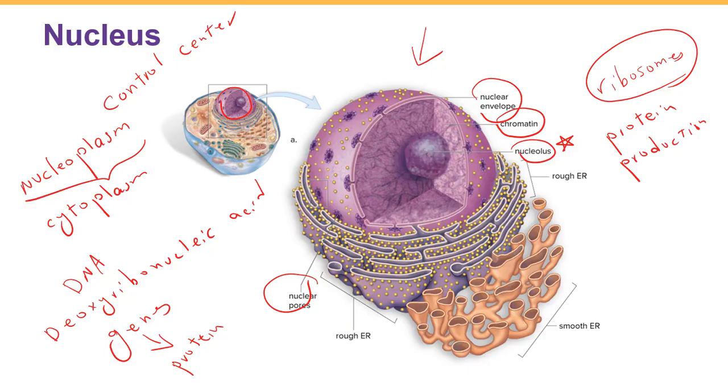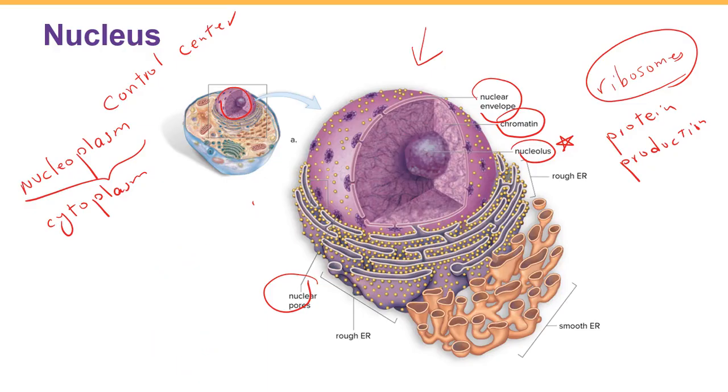But how can this DNA be found inside of the nucleus? We can define the genetic material, or DNA, in the form of chromatin or chromosome. Both of them are about the genetic material, the DNA.